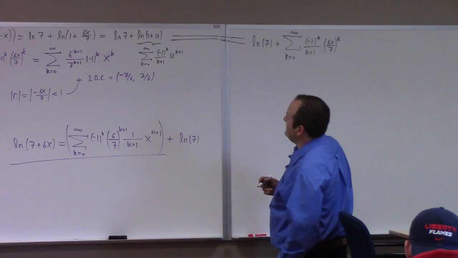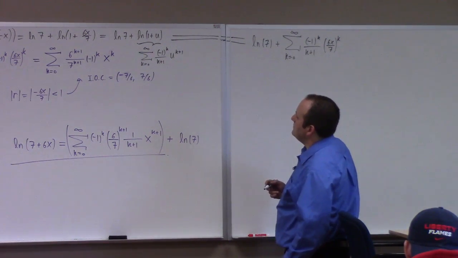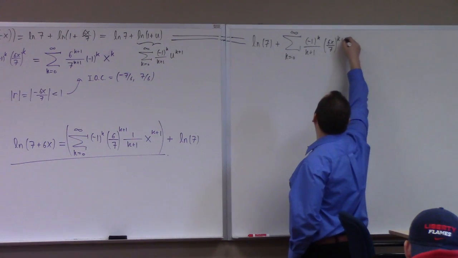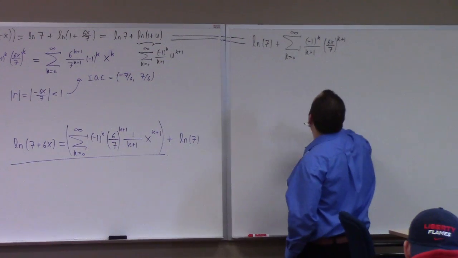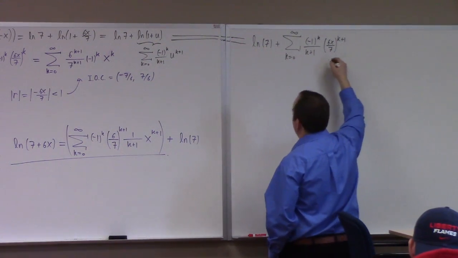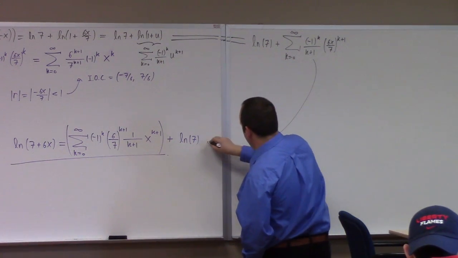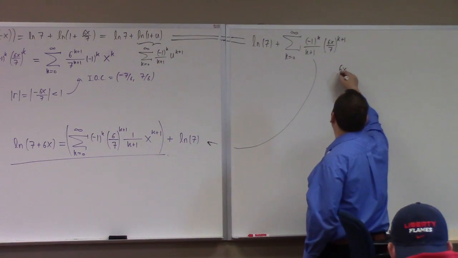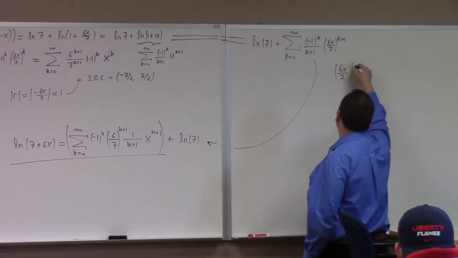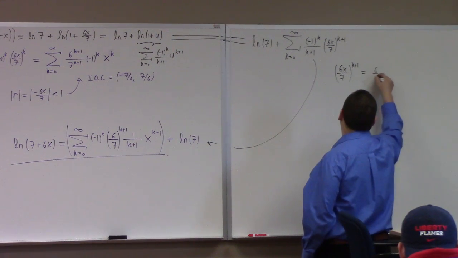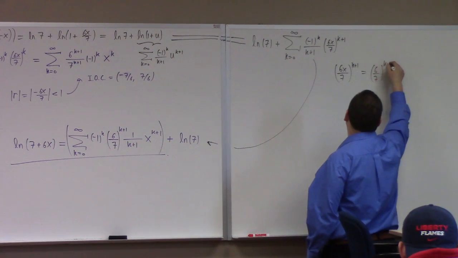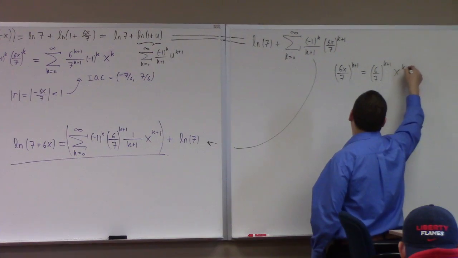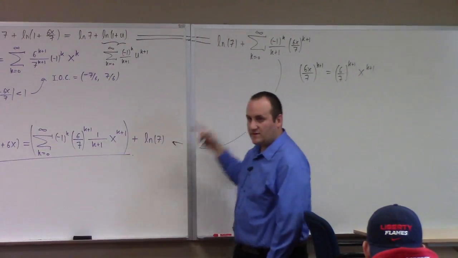I seem to have lost a k plus 1, yeah. So then one more step, then you'll get back to here, right? Because 6x over 7 to the k plus 1 is what? It's 6/7 to the k plus 1 times x to the k plus 1, right? So these are the same answer.